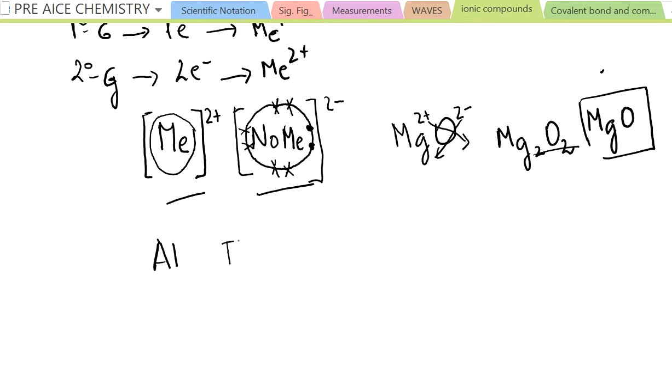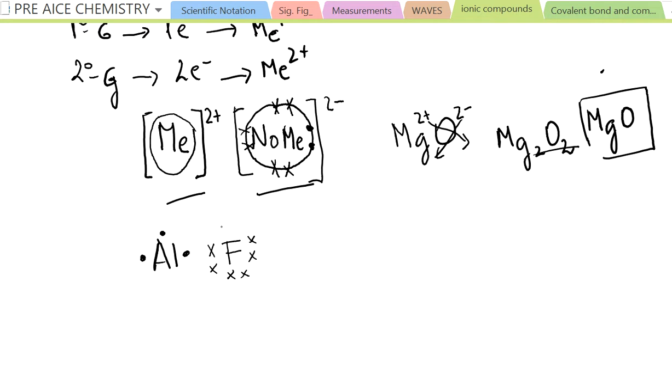So aluminum and fluorine. Aluminum has 3 electrons, yes? Because it belongs in group 3, so it's going to have 3 electrons in the last level. The fluorine has how many? 7. So I'm going to put 7 electrons here, but we are going to put them differently.